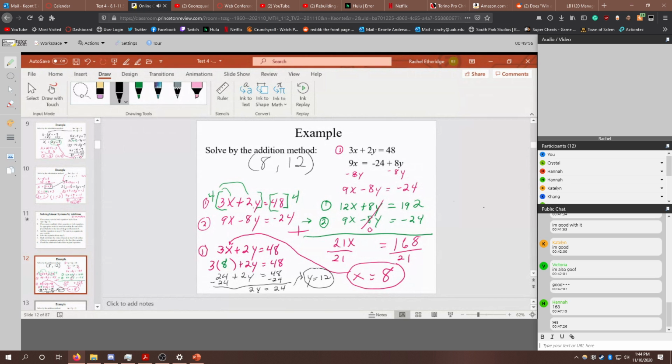I write 4 times both sides of the equation to make sure I don't forget to multiply the right-hand side. I used to just do one big multiplication, and I found that sometimes I would forget to multiply the right-hand side. So I just multiply both sides by the same thing. So I'm getting an equivalent equation. It's just a multiple.